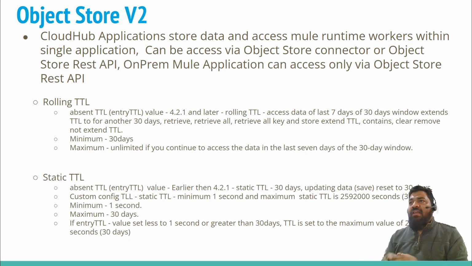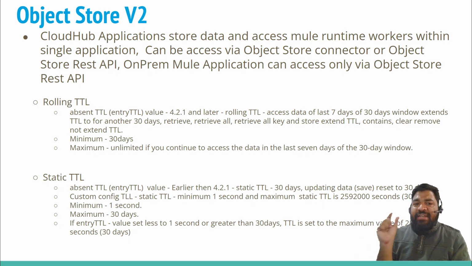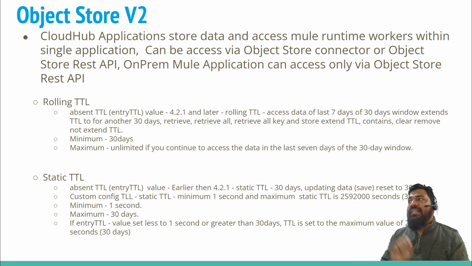What does it mean? When you save your key for the first time, the entry TTL value is 30 days. On CloudHub, when you perform the save operation, which stores a key-value pair, the rolling TTL applies, and that is 30 days.